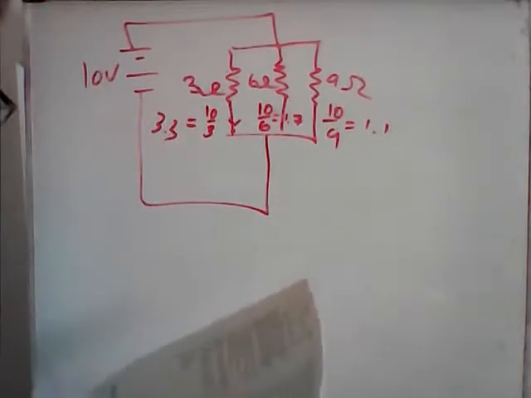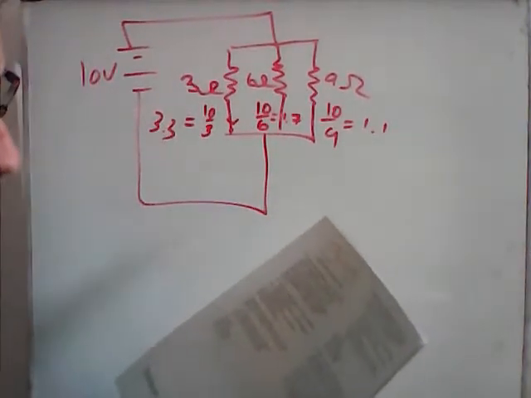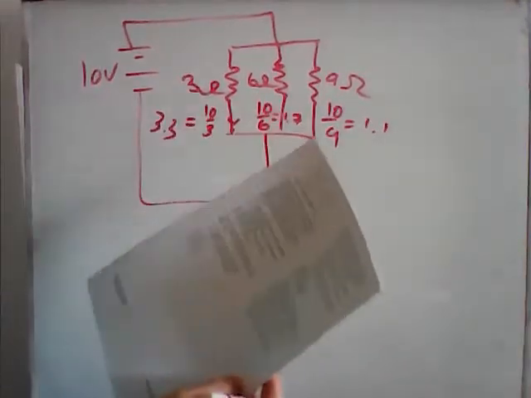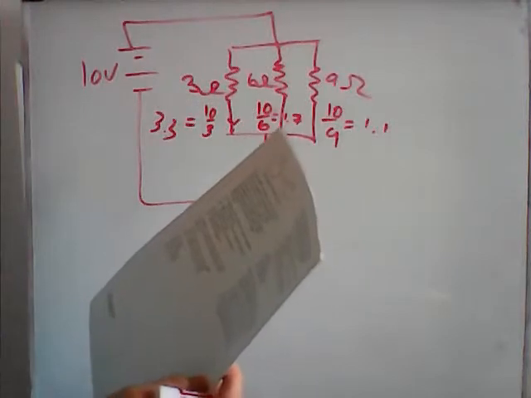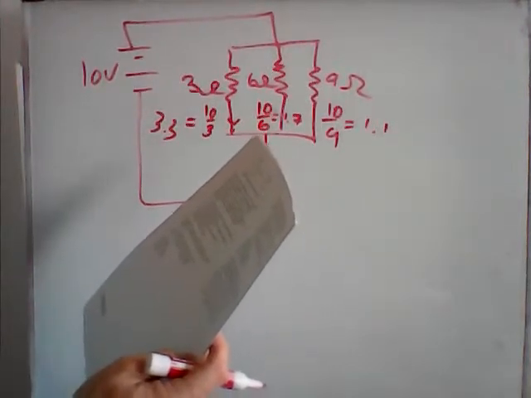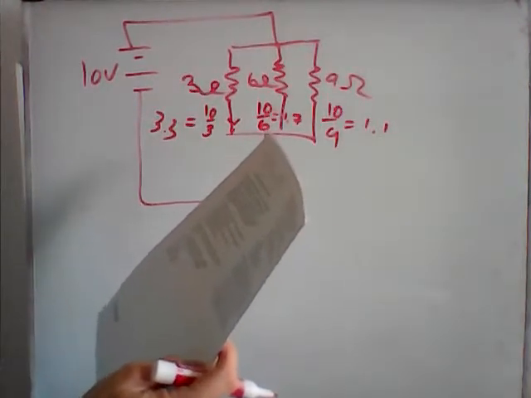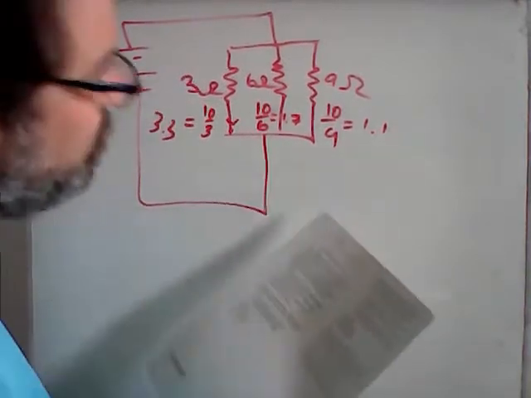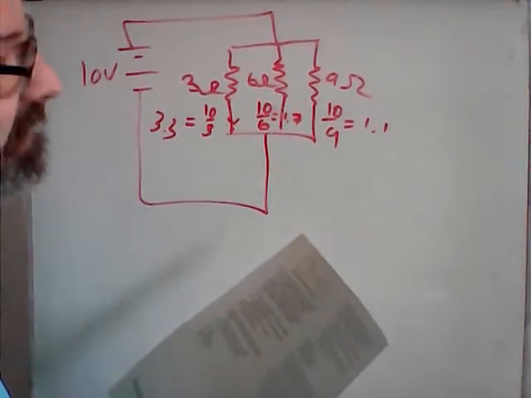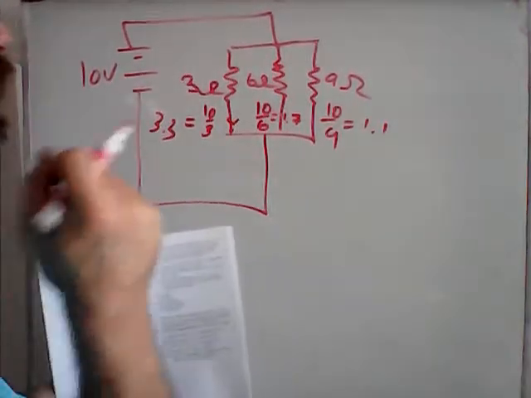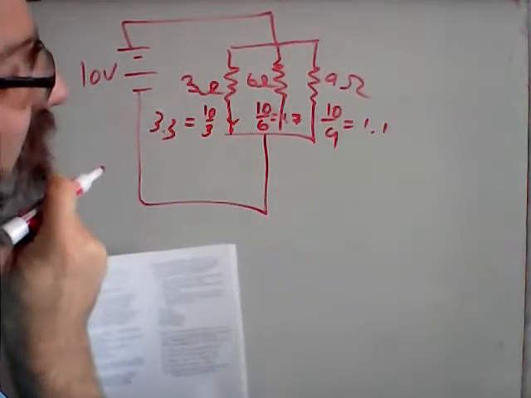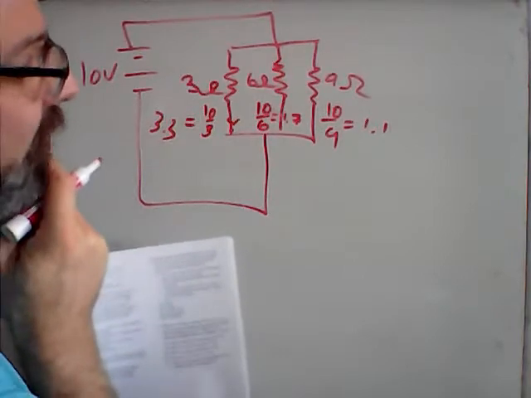So the current in the 9 ohm resistor is 3 times the current, it's 10 volts. The power dissipated in the 9 ohm resistor is greater than the power dissipated in either of the other 2 resistors. Okay, now there's different ways of looking at this, and you can get easily confused because you can be like, oh, I remember if you have more resistance, then you get more power, right?